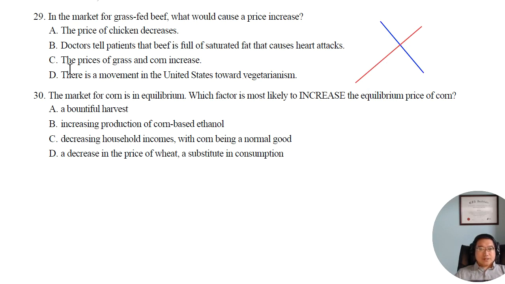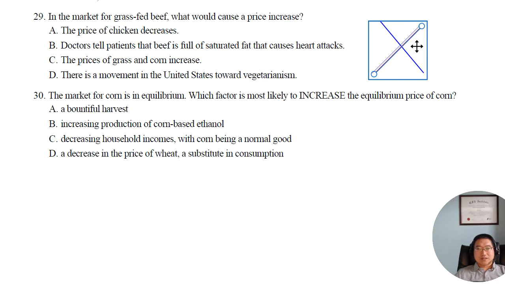Okay, C, the prices of grass and corn increase. Grass and corn are basically food for the beef cattle, and those beef cattle don't naturally eat corn, but you can force them. Don't give them grass. But anyway, they're talking about grass-fed beef. So yeah, grass. The input price, right? To raise the beef cattle, you need input.